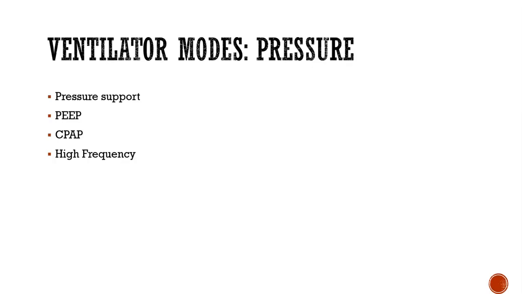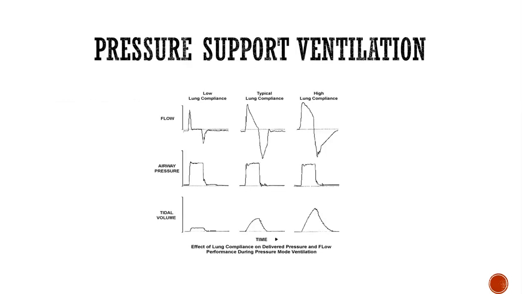Okay, so we've got pressure support, PEEP, CPAP, and high frequency. Pressure support ventilation is a pressure targeted mode requiring the patient to trigger every breath. We don't set a machine rate, so with the patient not putting in effort, the ventilator is not going to deliver a breath.